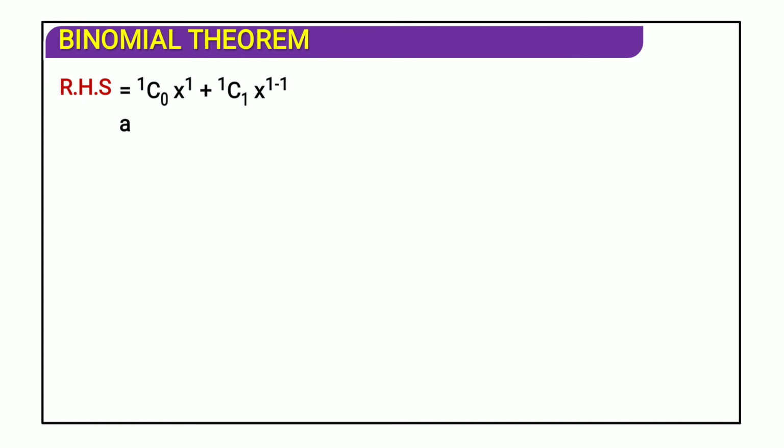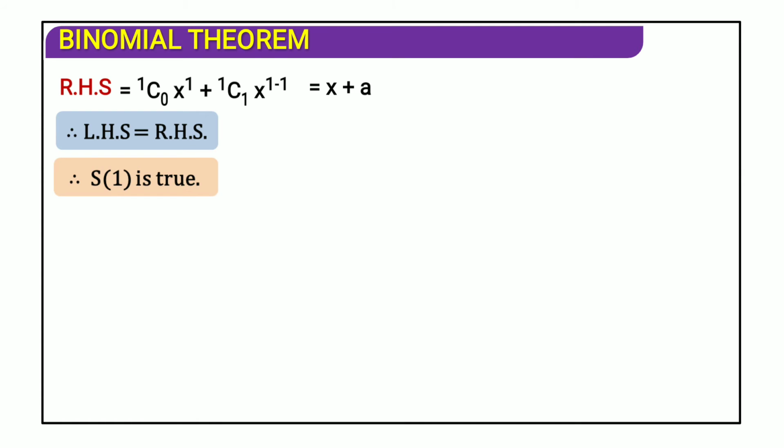Simply we can say this is x plus a. Therefore left hand side equals right hand side, and the result is true for n equal to 1. You can write it as equation 1. Then let us assume that the result is true for k.